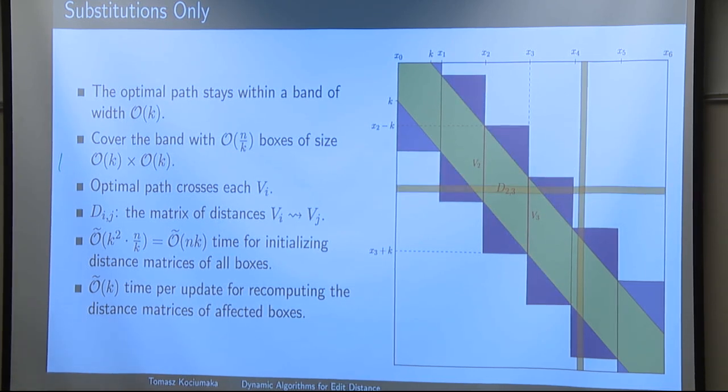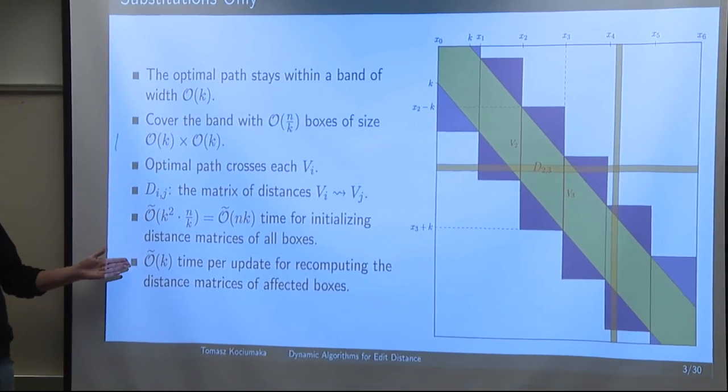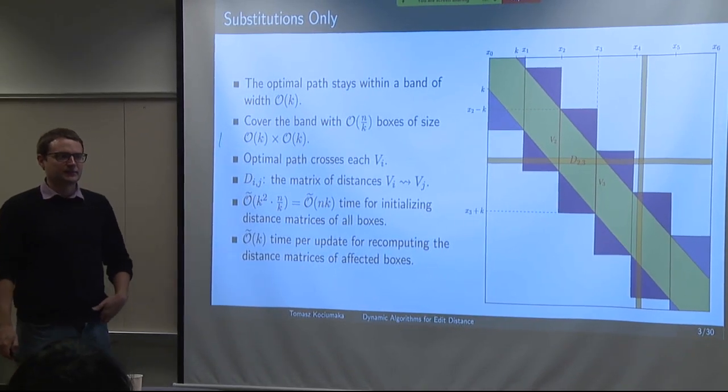Whenever it's a substitution in y, it's possible that a couple more boxes are affected, but still a constant number, just because the boxes are wide enough so the vertical projections are also fairly disjoint from each other. And this update costs order of k, just because we can maintain a distance matrix subject to substitutions in O tilde of k time per update.